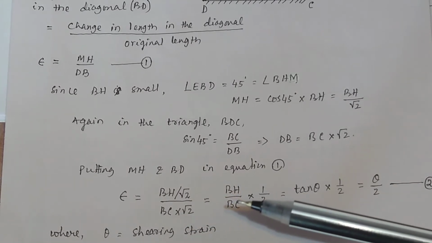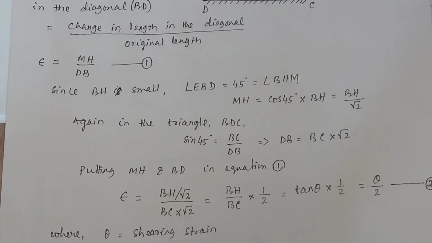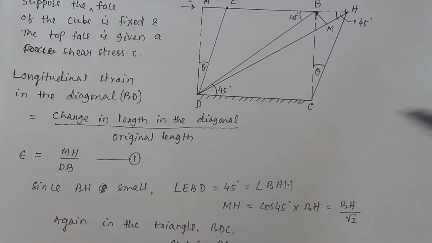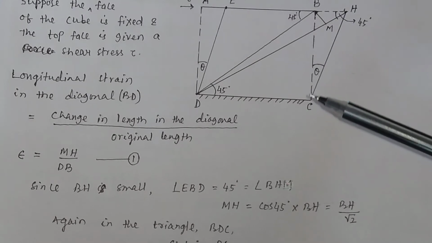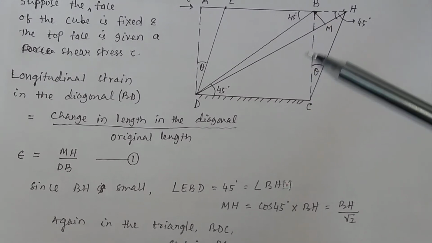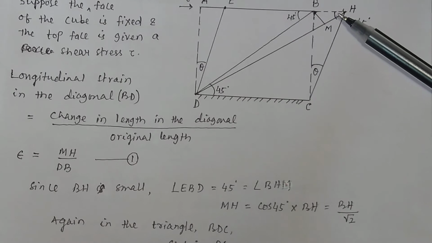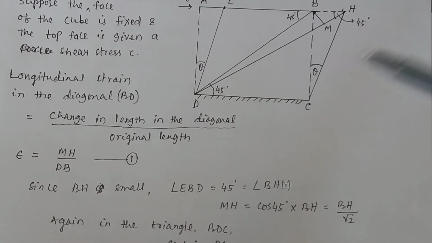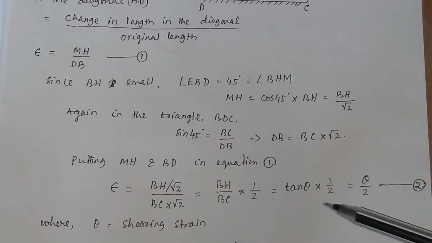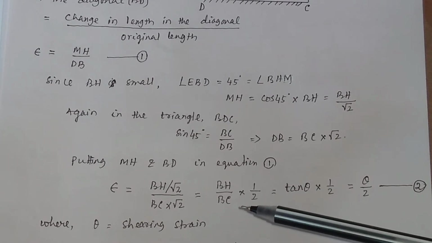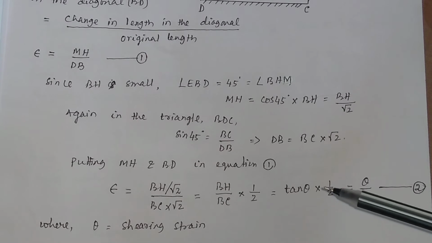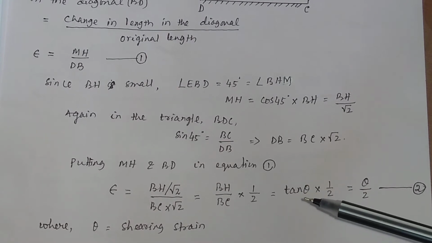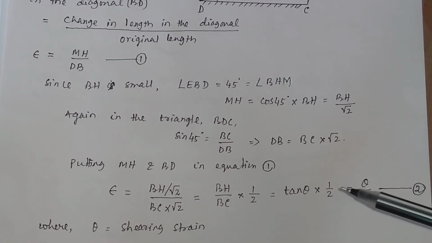In the triangle BHC, tan theta will be equal to BH divided by BC. So you substitute BH by BC equal to tan theta, into 1 by 2, and for a small angle theta, tan theta will be equal to theta, so this will be equal to theta divided by 2.